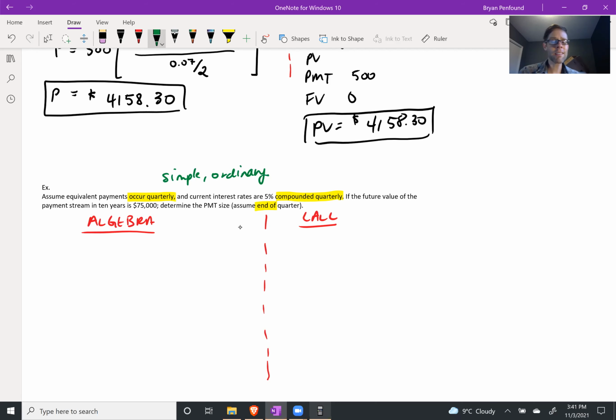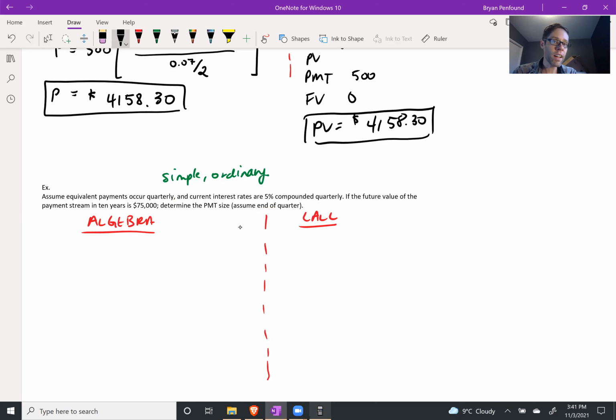So this will be a simple and ordinary annuity because we have payments that happen quarterly and compounds that happen quarterly as well. It's an ordinary annuity because we're going to force the payment to be at the end of the quarter. And simple annuities are nice.